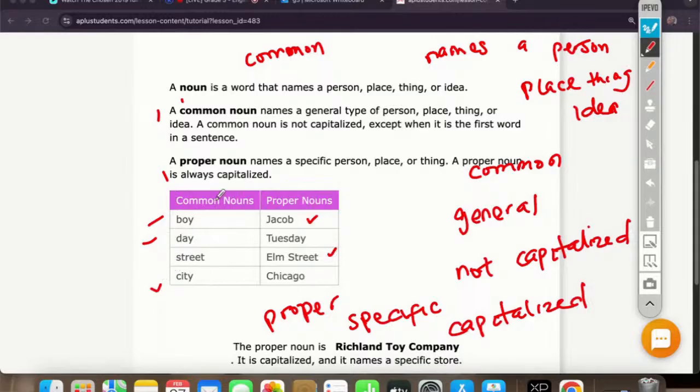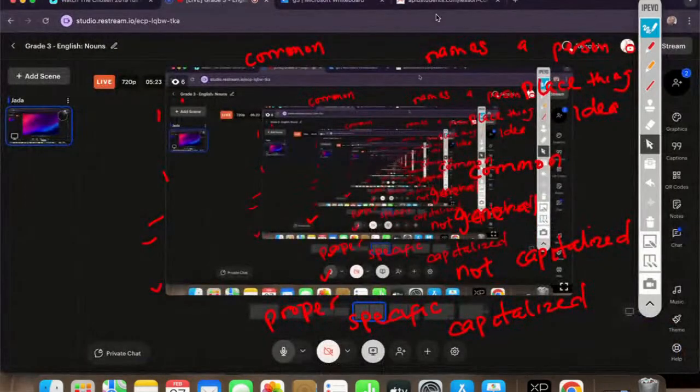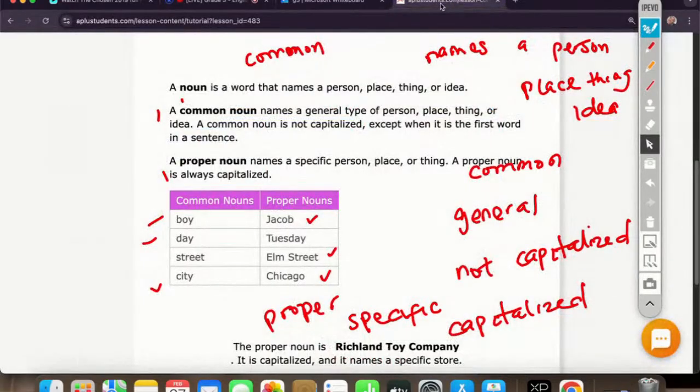We have city, which is general, and Chicago, which is specific, so we capitalize it. Just note the difference: once it is proper and specific, you capitalize it, and once it is common and general, you don't.